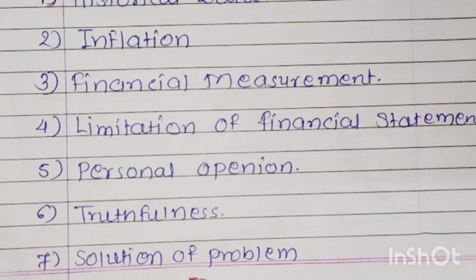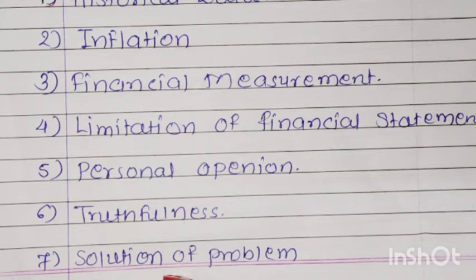Next, solution of problem. Financial analysis provides information of causes of the problems but does not provide the solution of it. It tells the causes but does not show the solution. For example, if a company expected 30% gross profit and earned 20% gross profit, the reduced gross profit rate can be seen through financial statement analysis, but why gross profit is reduced cannot be ascertained.